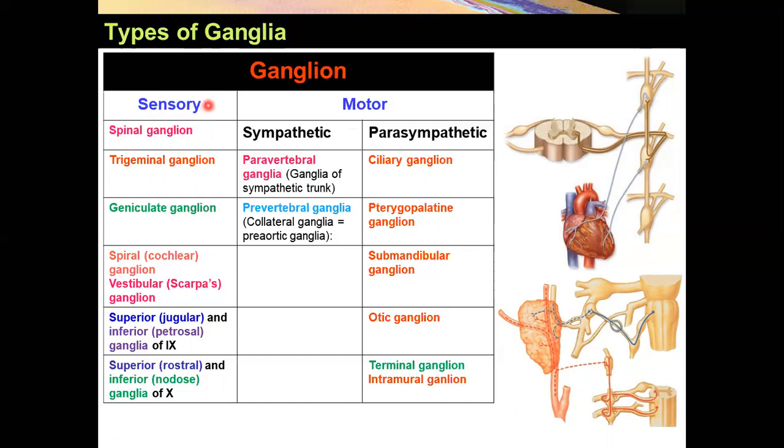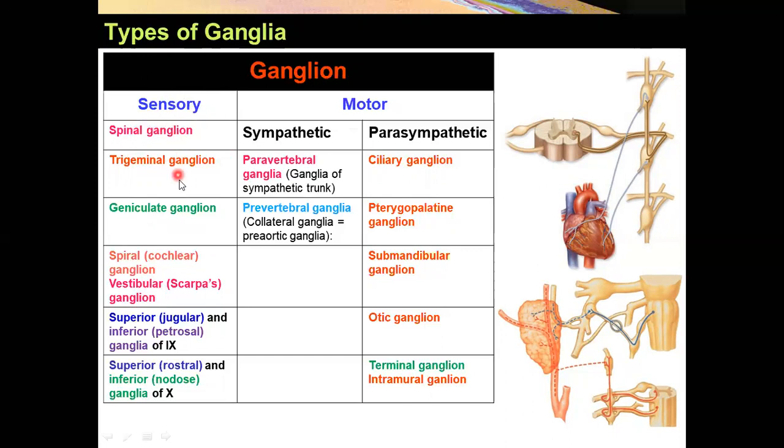If a ganglion is about special sensation like olfaction, taste, balance, it contains bipolar neuron.